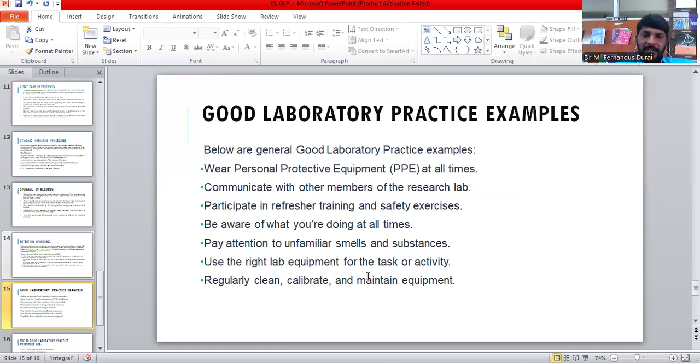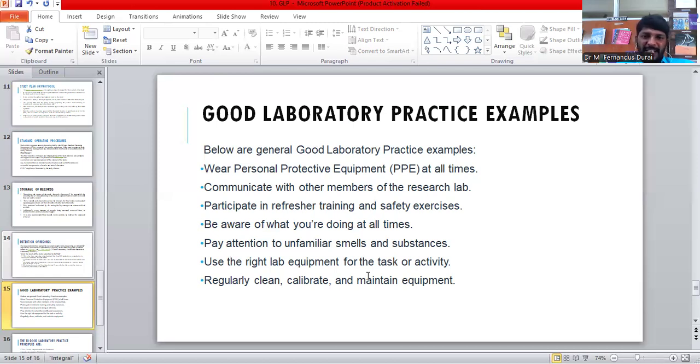because not only one person will work in the laboratory, each and everyone should know what is going to be done. Participate in refresher training and safety exercises. So every person should participate in the refresher training, because this is practical, not theoretical, and the training only fulfills the knowledge of the methods and protocol.